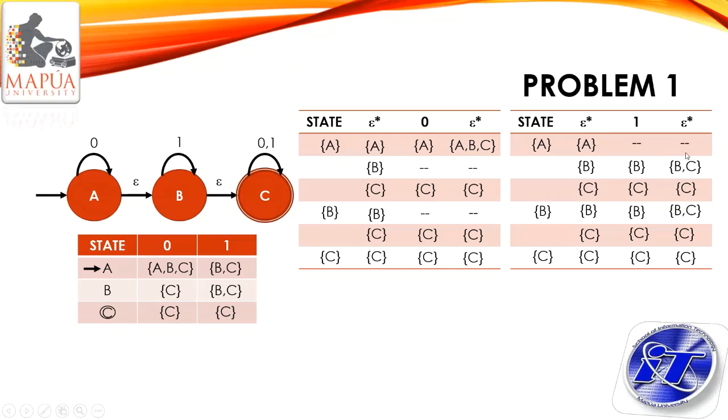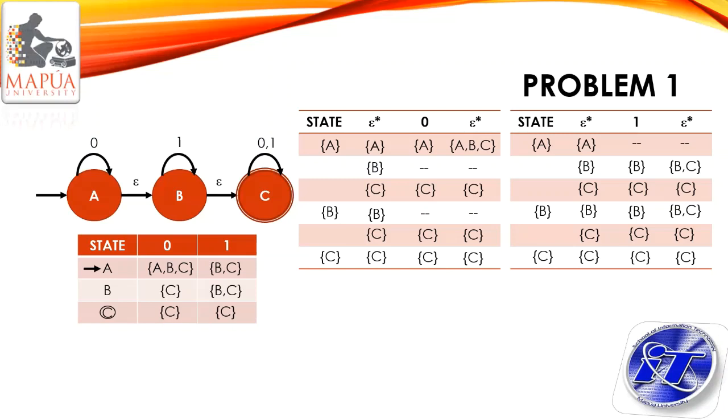So the result will be BC for A at 1. At B at 0, we have nowhere to go, union with C, therefore we have C. Then B at 1, BC union with C, C is part of BC, so B at 1 is just BC. And at C, any value will just end with the C state.